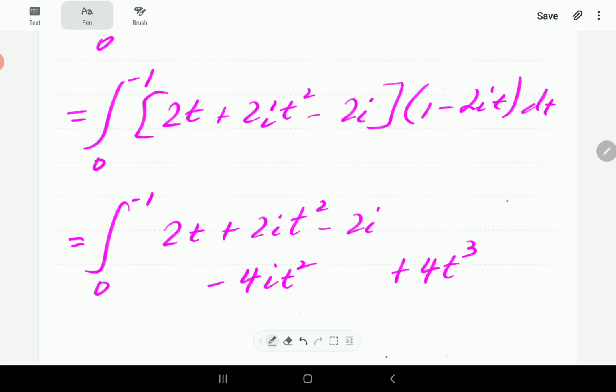Then negative 2it times negative 2i, that's going to be negative 4t. So I'm going to write that one here.